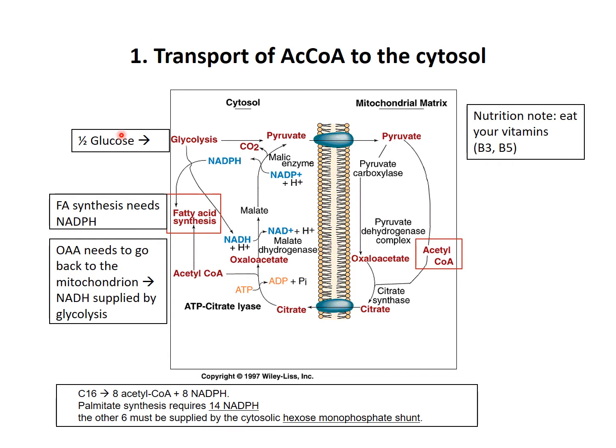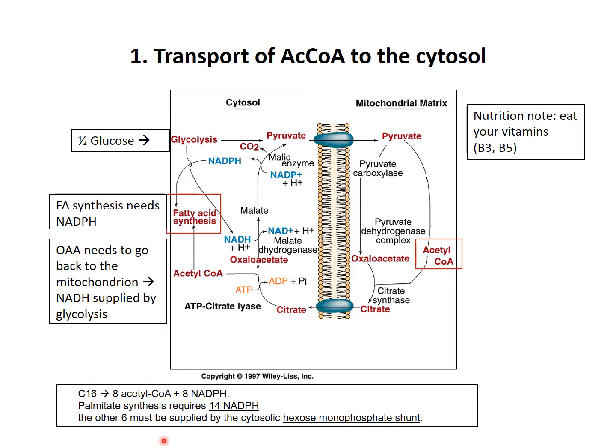One, it's glucose, glucose, and glucose that supplies a lot of things for starting fatty acid synthesis. Also, NADPH, not just for the malic enzyme, but also for the fatty acid synthesis process, which needs a lot of redox steps, which use NADPH.